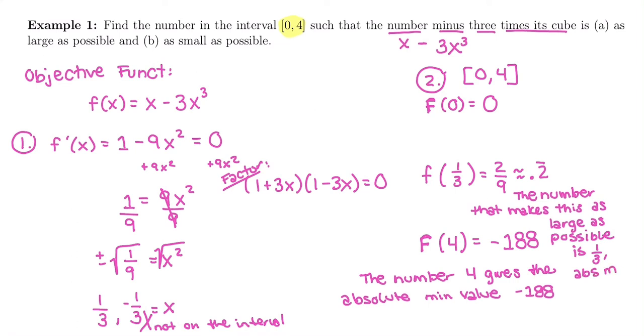The absolute max value is 2/9. So the biggest this could ever be is 2/9, and the number that makes that happen is 1/3. The smallest this could ever be is negative 188. The number that makes that happen is 4.